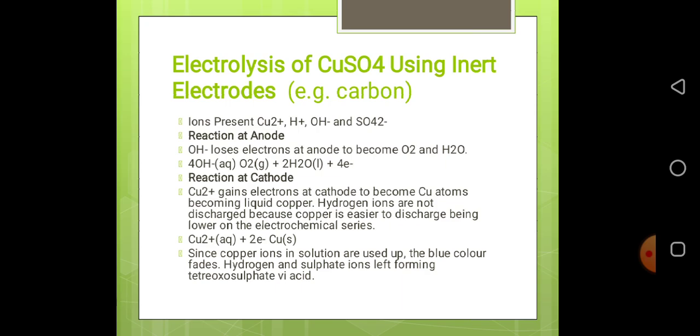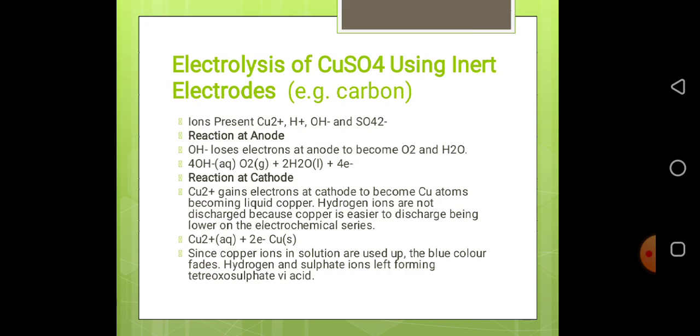The ions present are copper 2 ion, hydrogen ion, OH ion, and SO4 ion. In the reaction at the anode, the OH will discharge first since OH is higher in the electrochemical series than the SO4 ion.